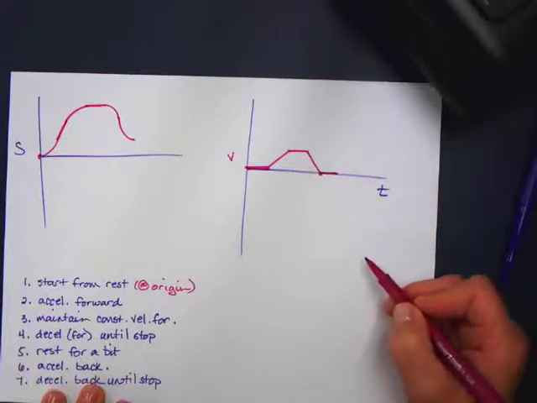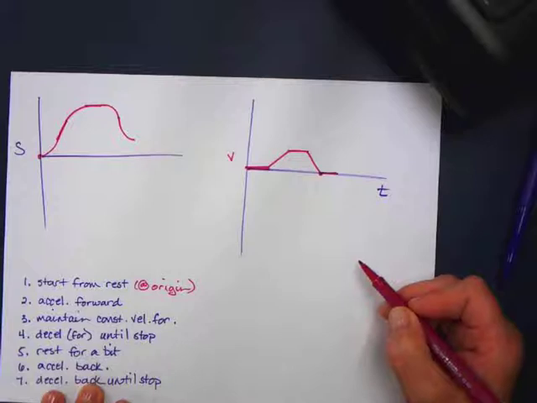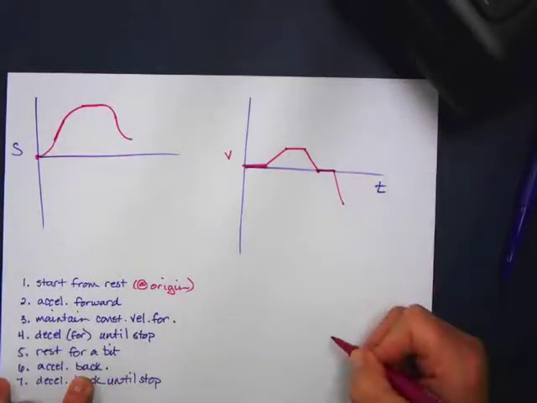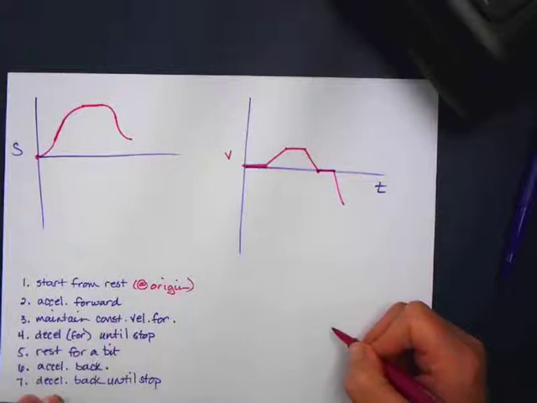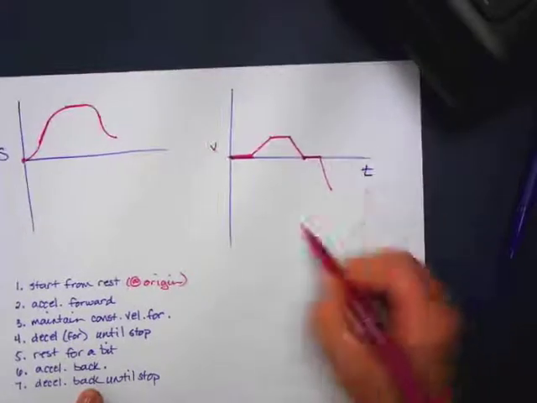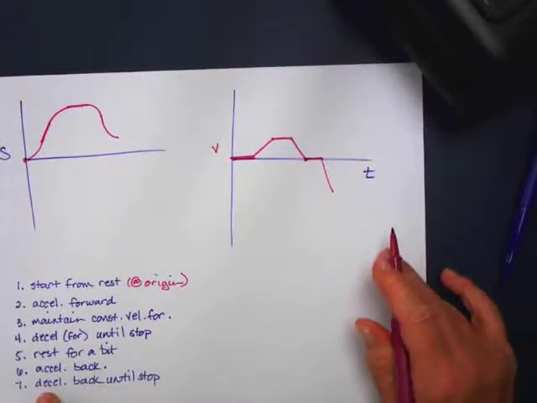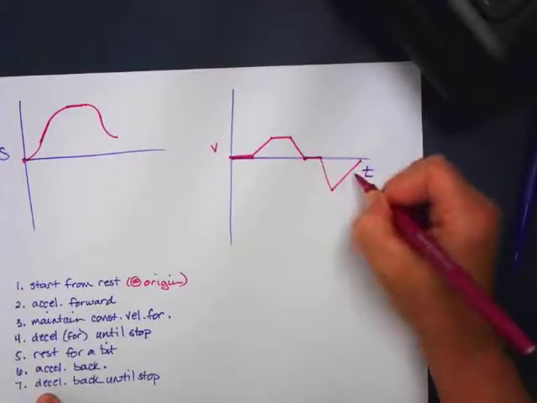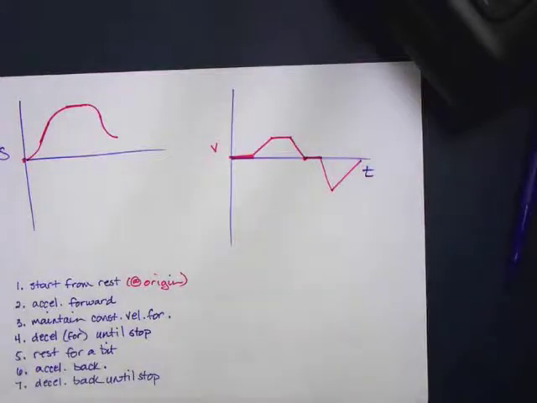Yeah, now here's my question. Is backwards a negative slope or the negative quadrant for velocity? It's the negative quadrant, okay? So accelerate means the numbers get bigger but more negative. And since it's backwards, we need to stay in this negative quadrant, but how do I show deceleration? Up.